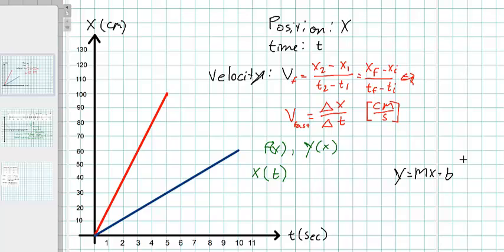So what are the different aspects of this as they correspond here? Well, let's start with b. B is simply the y-intercept, right? In this case, though, the y-intercept is not just the y-intercept, it's where our car started. From our equation here, it is x initial. So we'll start off with plus x initial as b, right? We're trying to find the function here, the equation for this line. Now, we already know that the slope is velocity, okay?